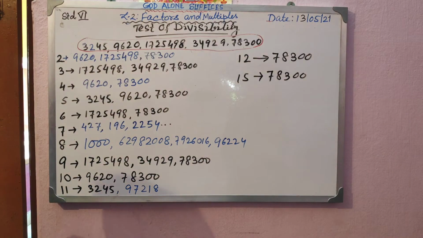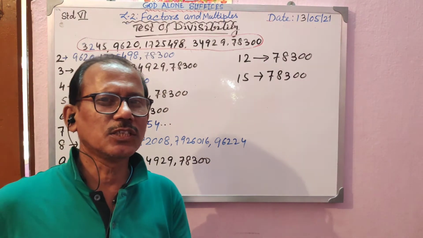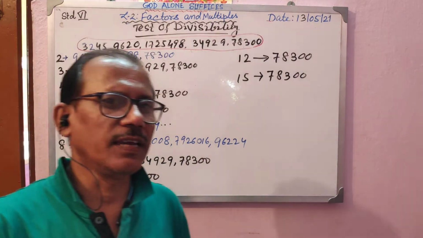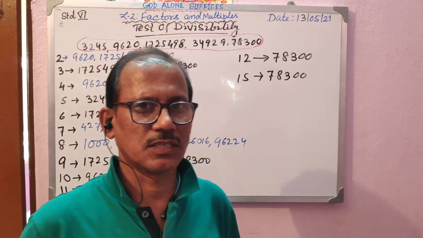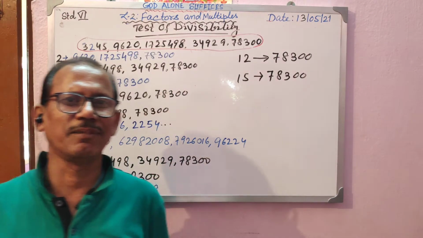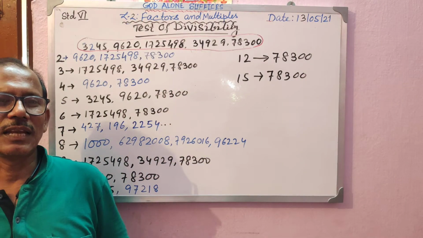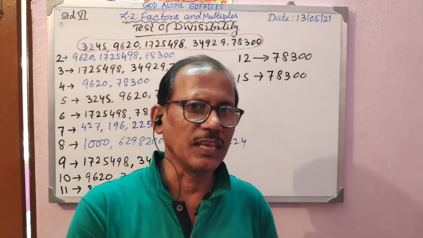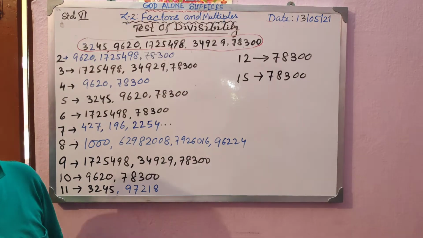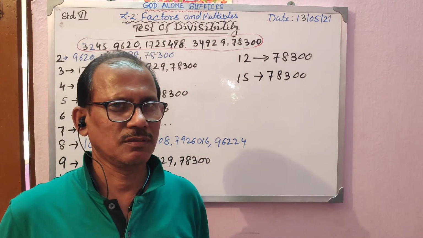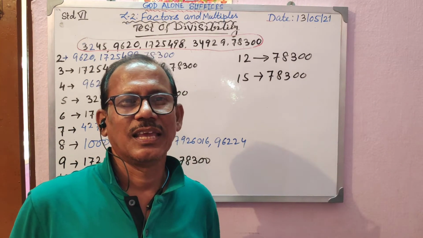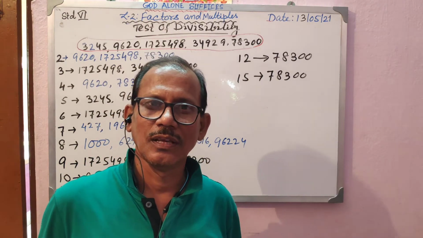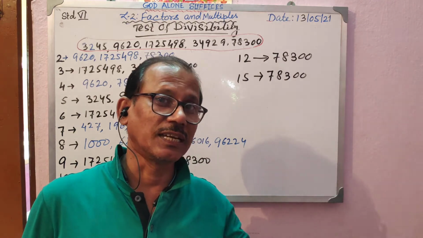Okay, we'll begin with 2. See, 2 can divide all the even numbers. The definition of an even number itself is that all numbers getting divided by 2 are called even numbers, isn't it? So how will you know whether a large number is an even number or not? That's a question. You need to see the last digit, that is the unit digit.